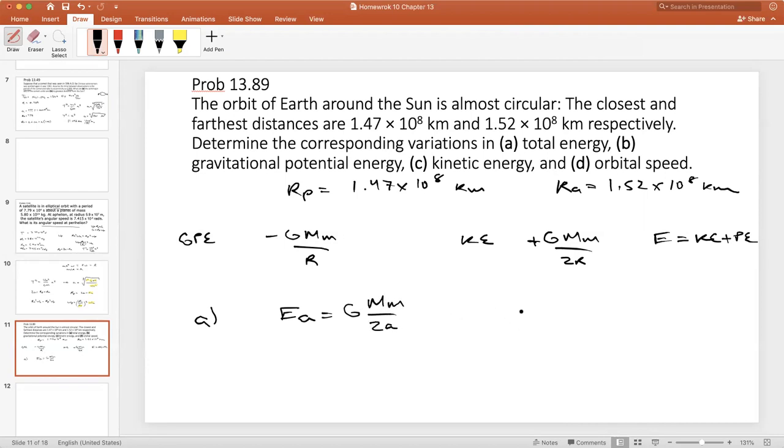And by conservation of energy, these energies have to be equal to the kinetic energy at P plus the potential energy at P, and that has to be equal to the kinetic energy at A plus the potential energy at A. This is not equal to GMm over 2P.